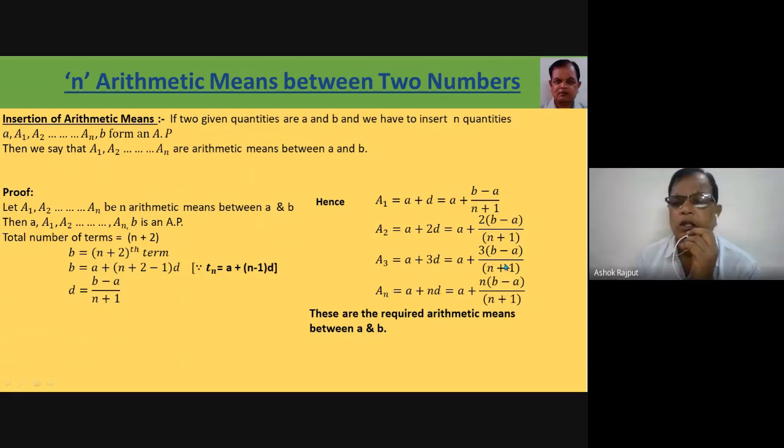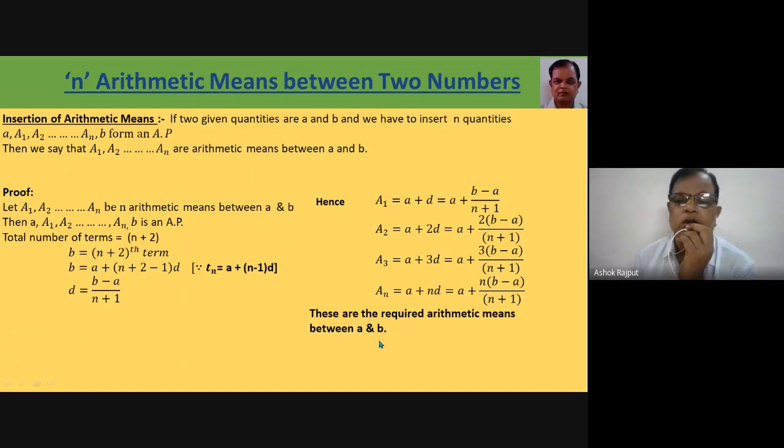A3 equals a plus 3d, so a plus 3 (b minus a) by (n plus 1). There will be many terms between these, A4, A5, A6 and so on, up to An equals a plus nd, or a plus n into (b minus a) by (n plus 1). These are the required arithmetic means between a and b.